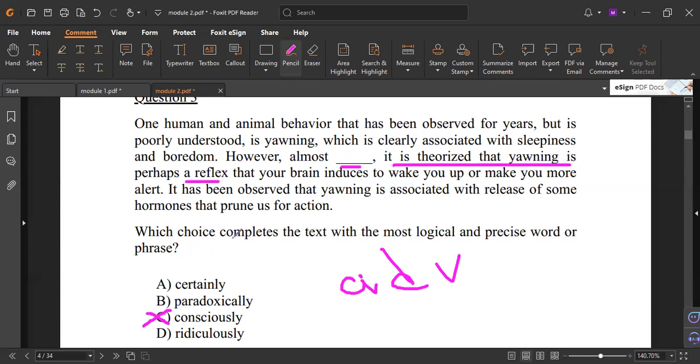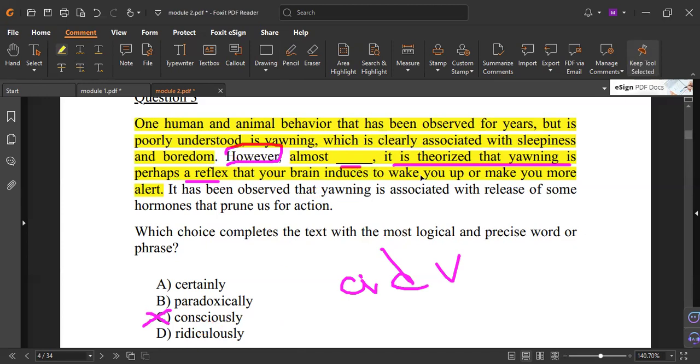Let me help you. However, here for contrastive ideas, yes or no? That means this idea is opposite to this idea, because we have however, as you know, a conjunctive adverb. If I said consciously, it's not opposite to the previous. This is synonym.